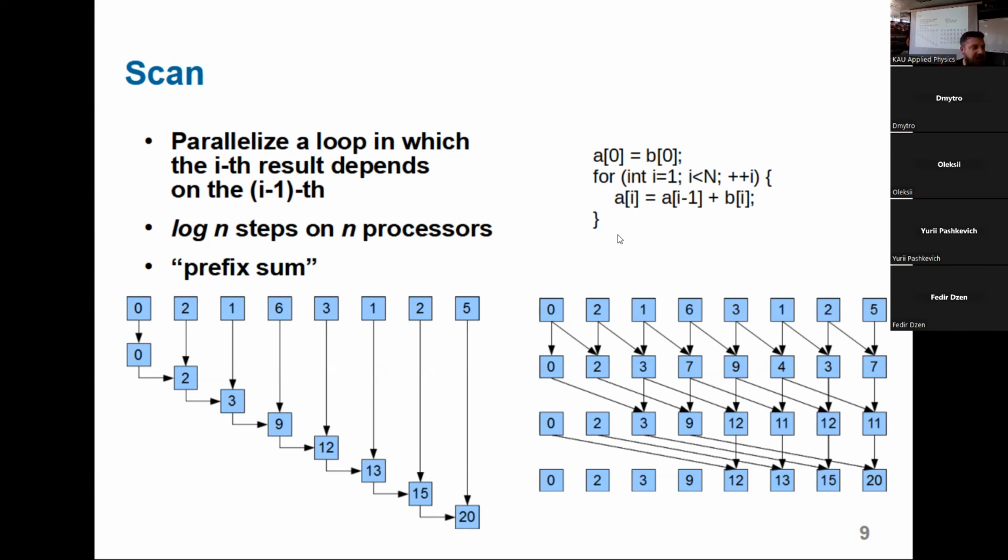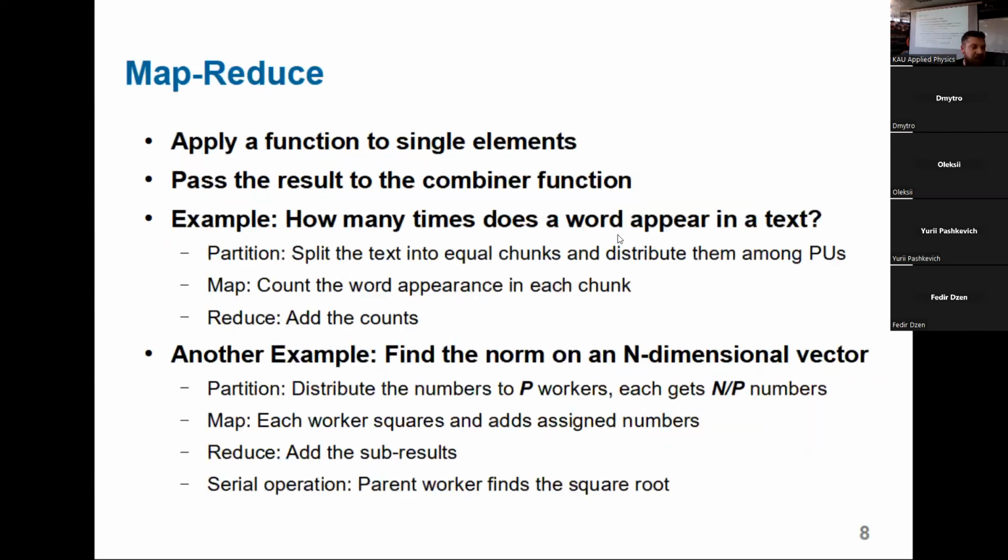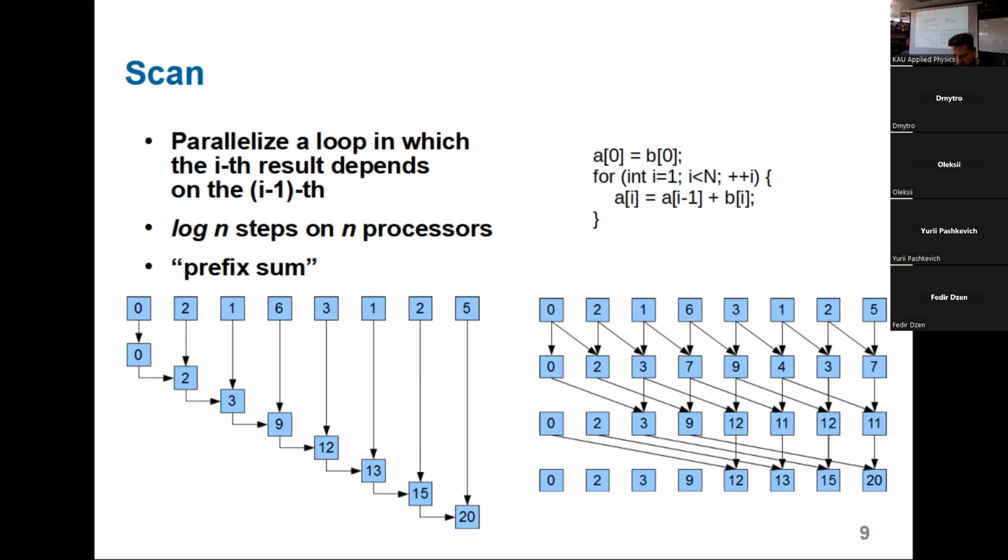For scan, same as with MapReduce, you will find a lot of libraries that implement this. For OpenMP and MPI as well, there are special functions that perform scans, that perform reductions.